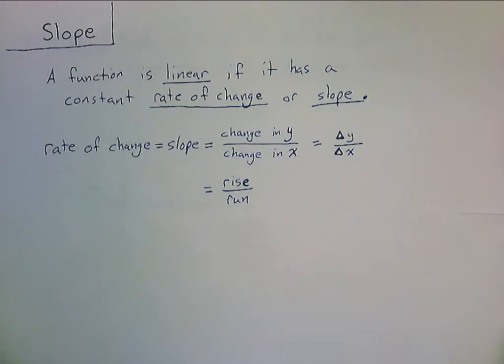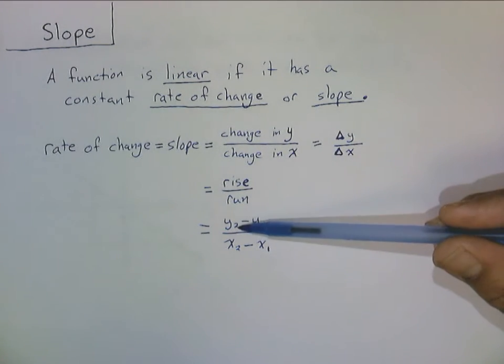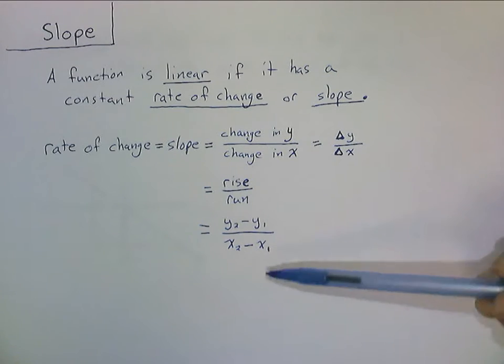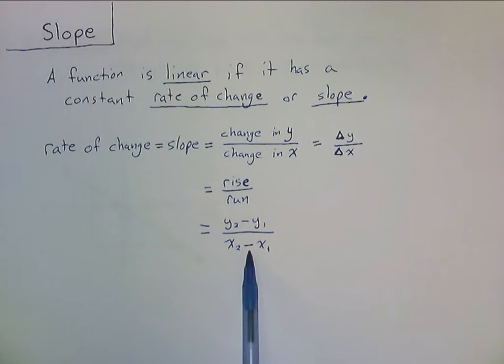And also we have a formula for slope, which is given by y sub 2 minus y sub 1 divided by x sub 2 minus x sub 1. Now what these little subscripts are referring to: x sub 1 means the x coordinate of the first point, x sub 2 is the x coordinate of the second point.